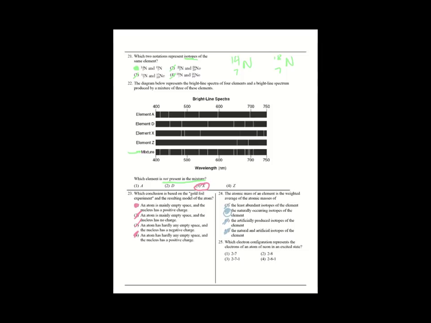All right, 25. Which electron configuration represents the electrons of an atom of neon in an excited state? So we need to have out our reference table and find neon in the ground state. So that's given in the reference table. So neon is Ne, and you'll find that its ground state is 2-8. Excited state, we take any electron from a lower level and bring it up to the higher level. So we can't go over 9 on this one because these guys are at their limit.